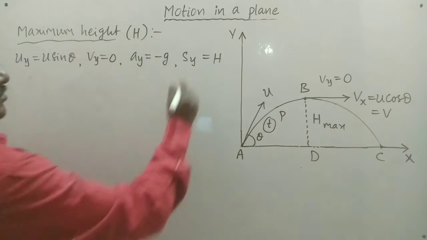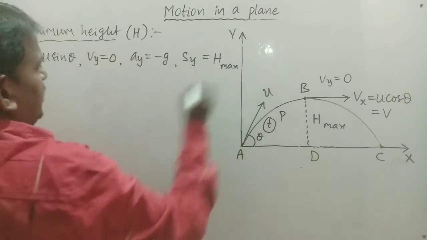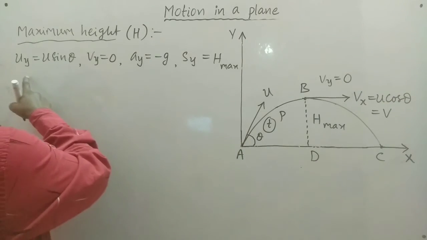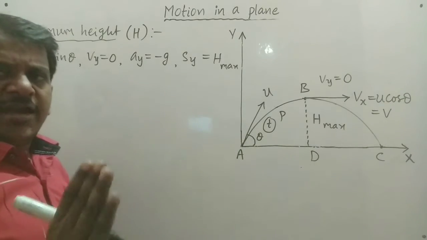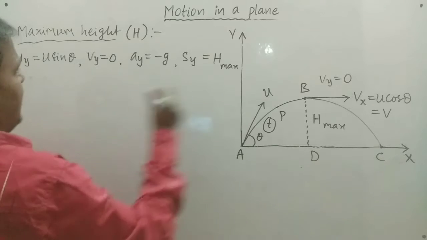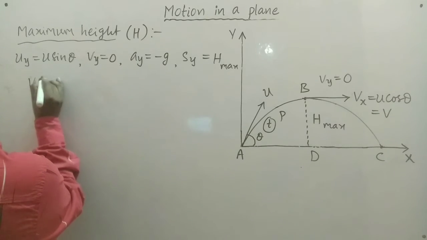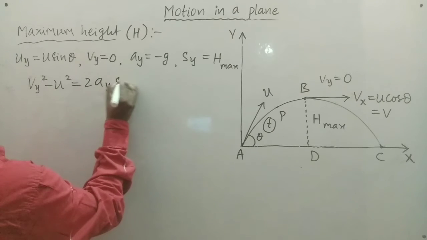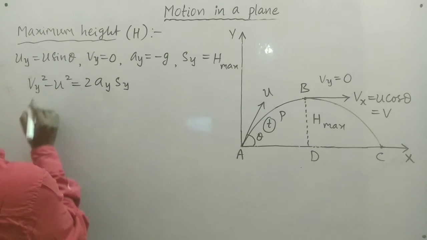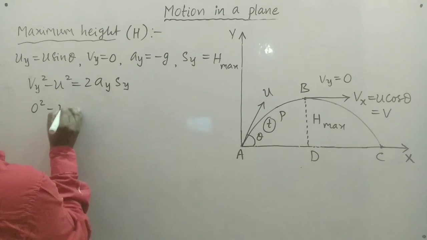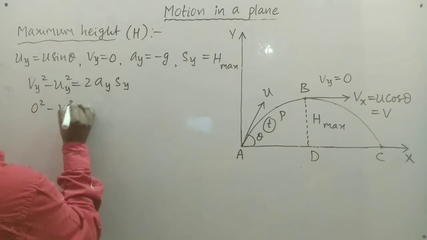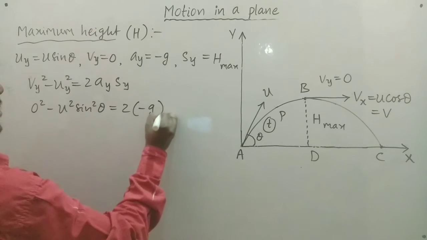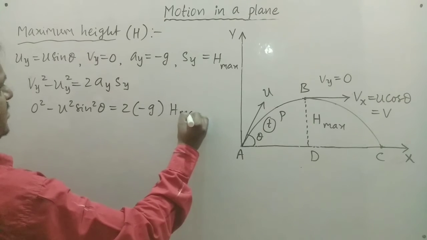In this, no time factor is there, that's why we choose the third equation of motion along the y direction. Vy square minus Uy square is equal to 2 Ay Sy. So 0 square minus u square sin square theta is equal to 2 into minus g into H maximum.